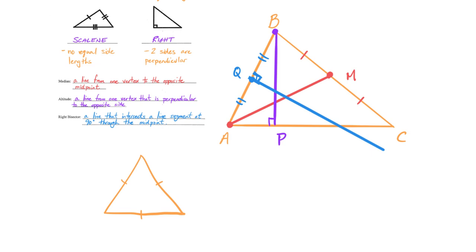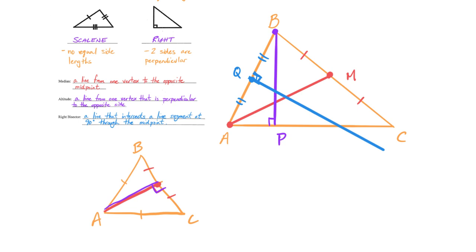If I went to draw the median from A to BC, then I have to hit the middle. There's my median. But the issue becomes, I would actually end up hitting that side length at a perpendicular angle as well, which then means that my median is the same as my altitude.